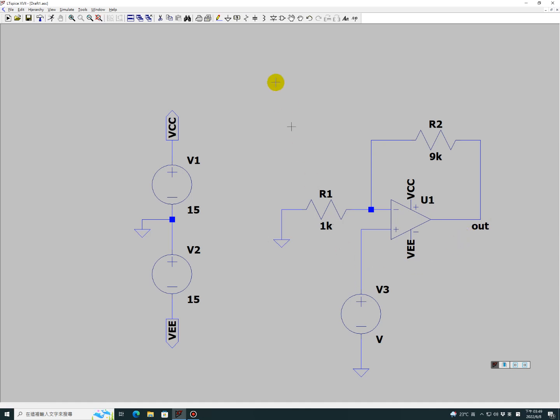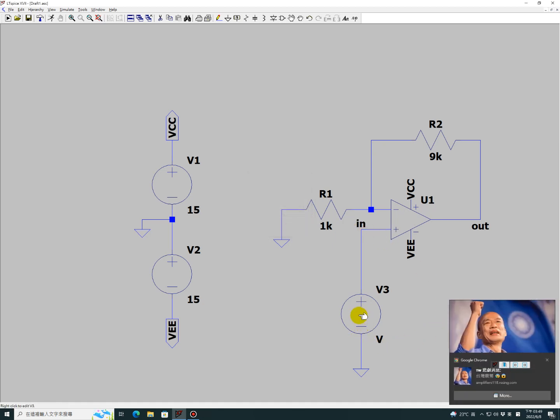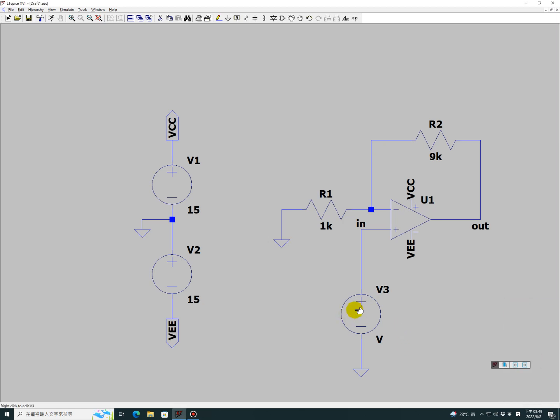And this is the in. Let me put an input of 0.1 volt.